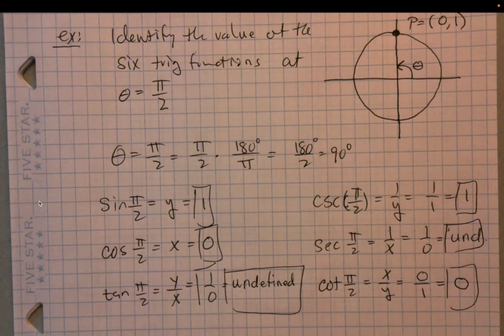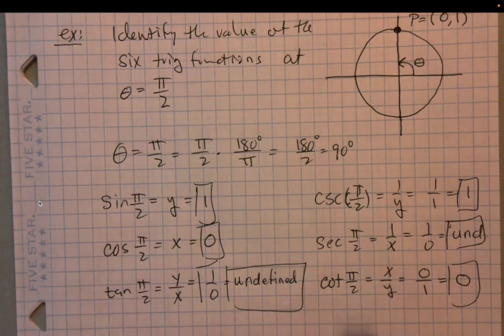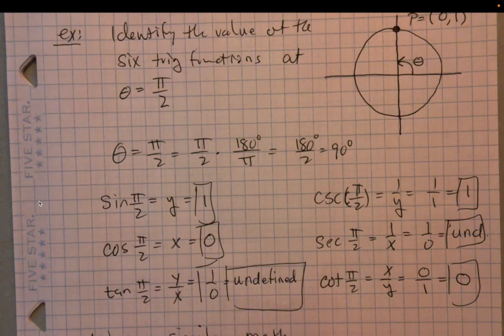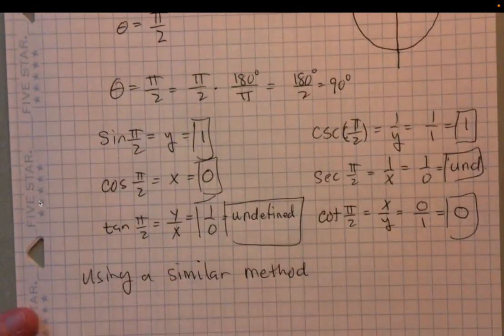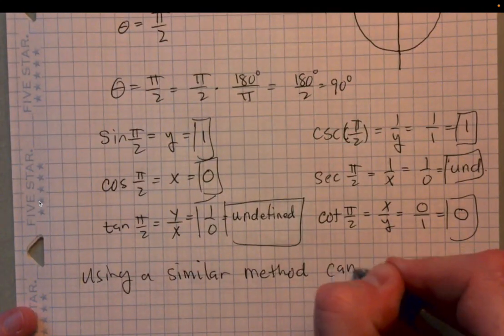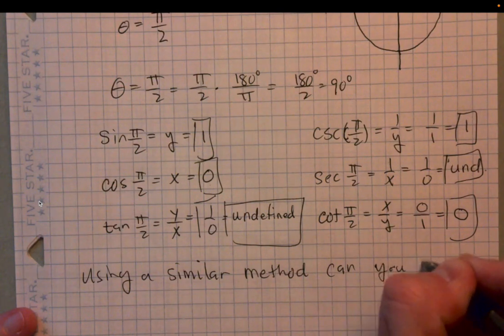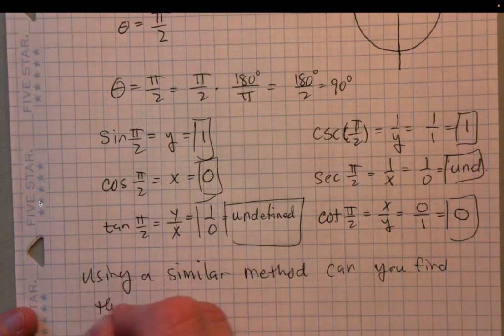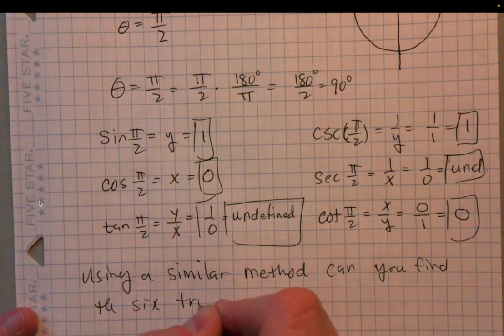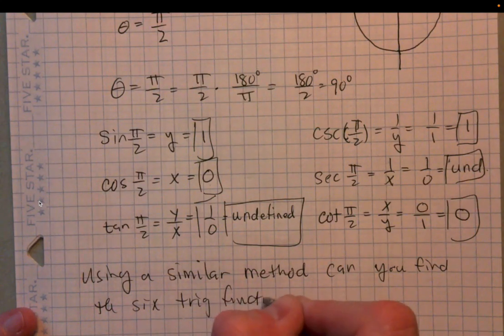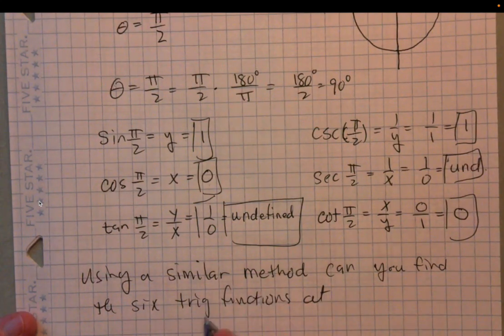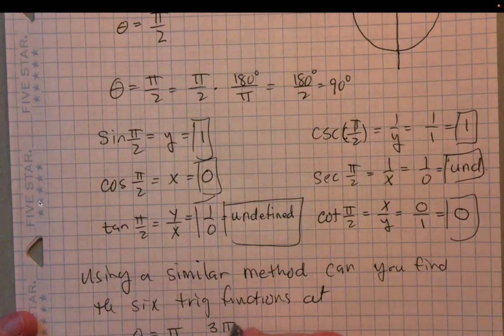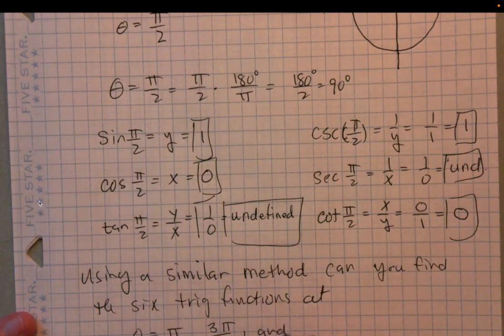Using a similar method, we won't go through all of this, but I encourage you to do it. Can you find the 6 trig functions at theta equals pi, 3 pi over 2, and 2 pi?